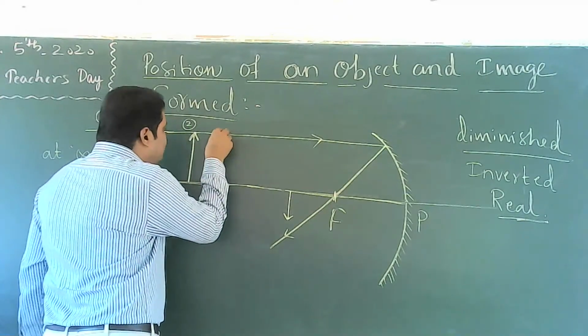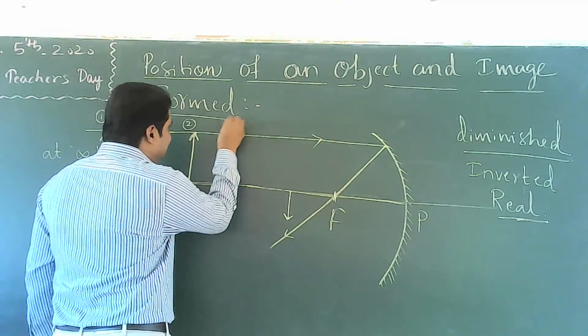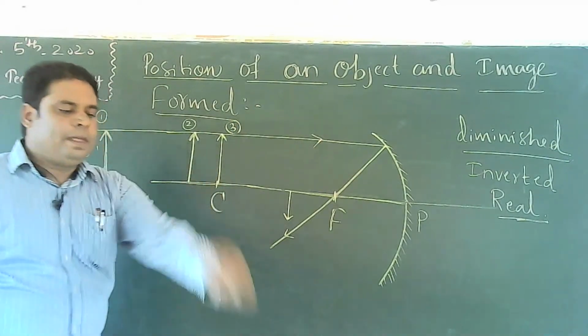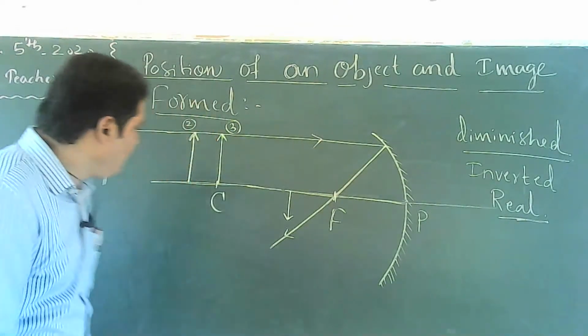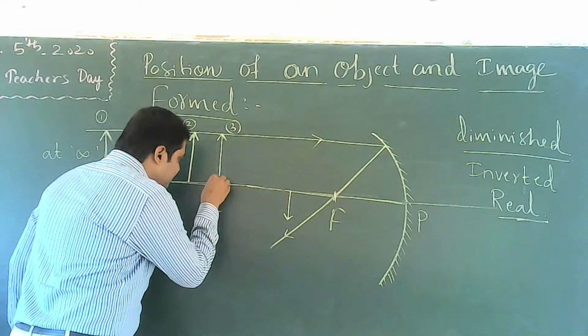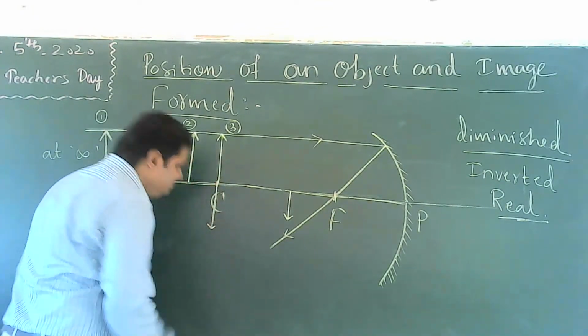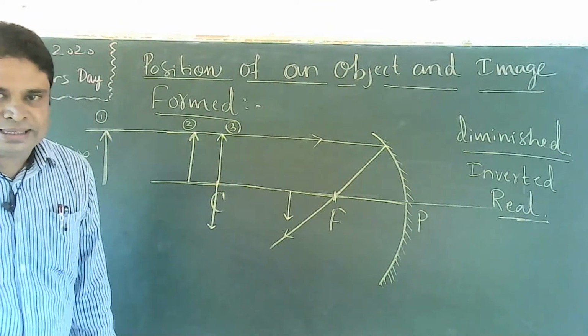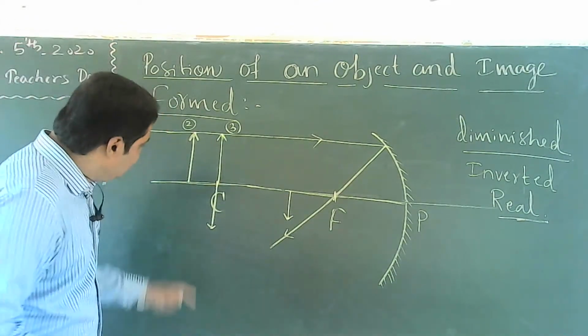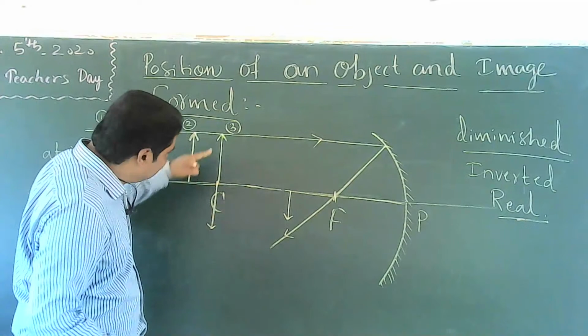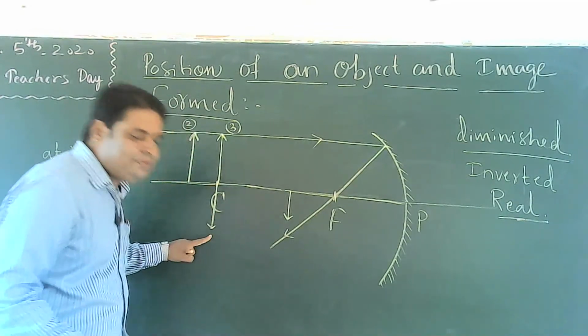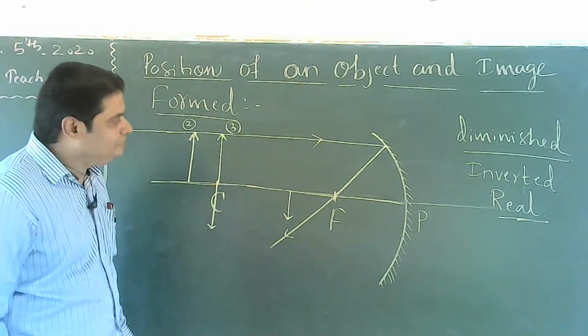When you place the object exactly at C, remember, the image is formed exactly at C. When the object is at C, the image is formed at C only. What is the nature?